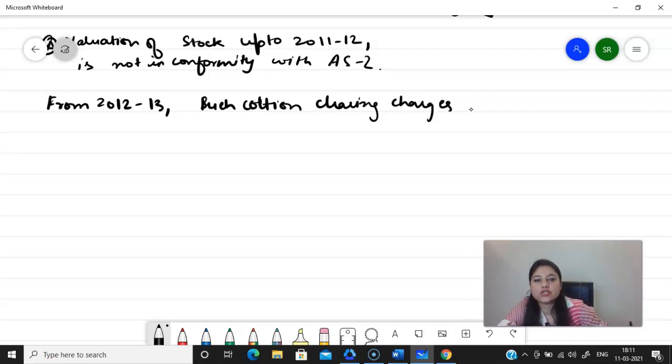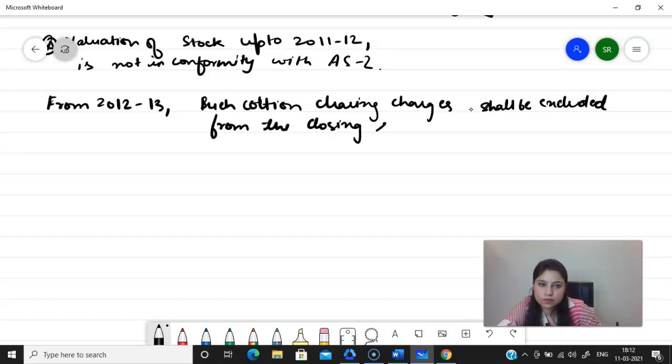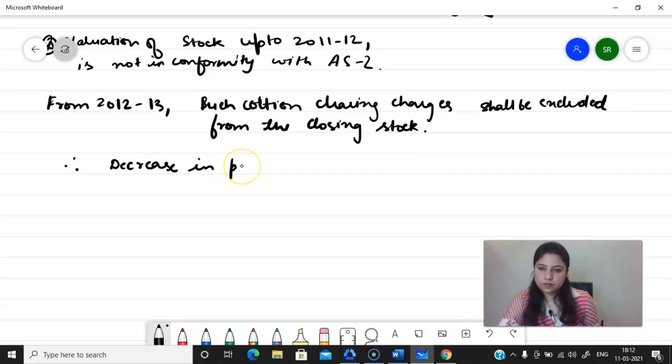Such cotton clearing charges shall be excluded from the closing stock and therefore the decrease in profit by rupees 7.60 lakhs.